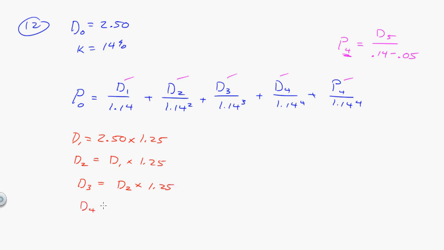And D4 is whatever you got for D3 times 1.25. Well, what's P4 equal to? P4 is equal to D5, which is whatever you got for D4 times, now it's slowing down, the growth is now 5%, divided by 0.14 minus 0.05. Plug all those numbers in, and that's $47.49.